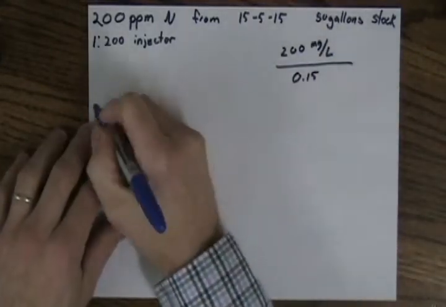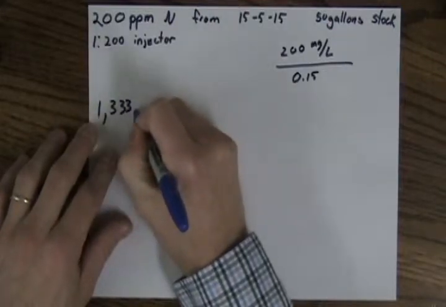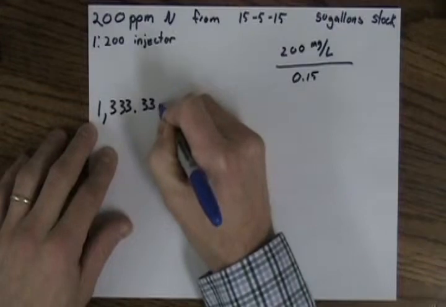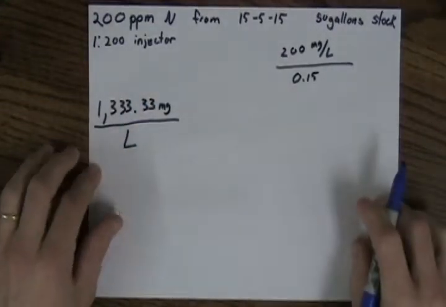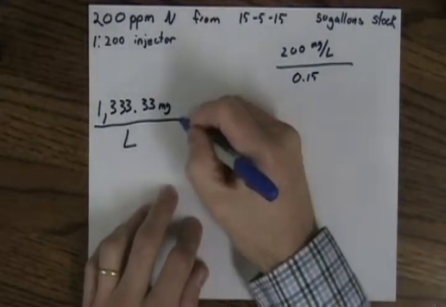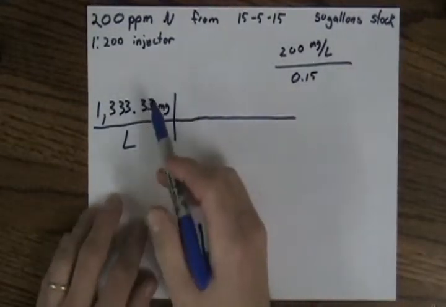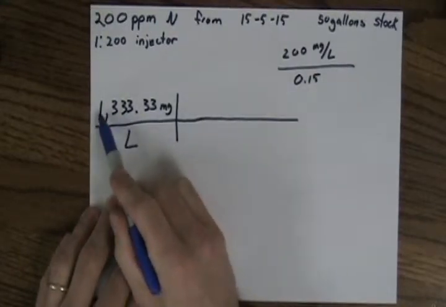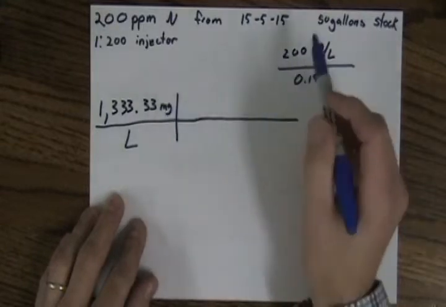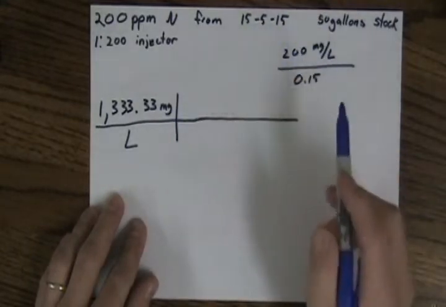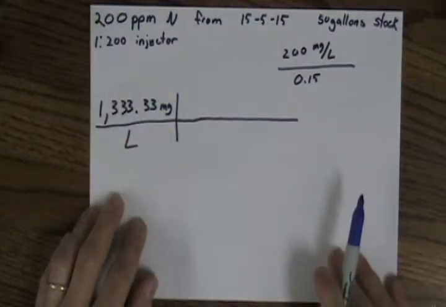And we get a number of 1,333.33 milligrams per liter, or parts per million. So now we know that we need 1,333.33 milligrams of 15-5-15 per liter to get 200 parts per million.